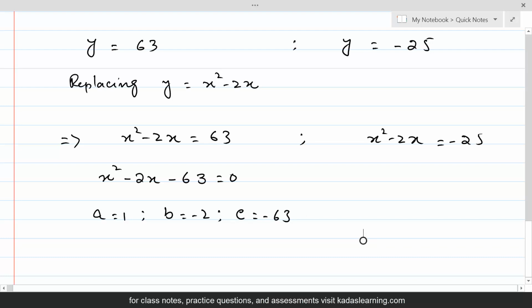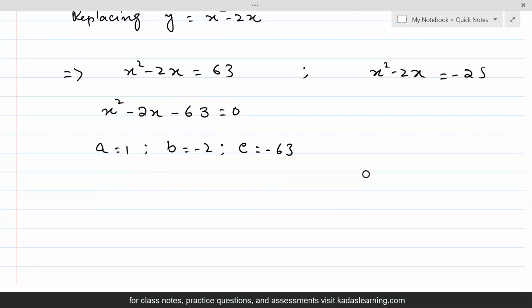Because the product of a and c is negative, we are going to find two such factors of 63 whose difference is equal to 2. So for that purpose, x squared minus 9x plus 7x minus 63 equal to 0, because 9 and 7 are both factors of 63.